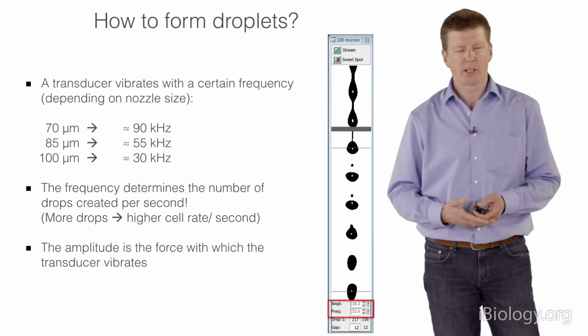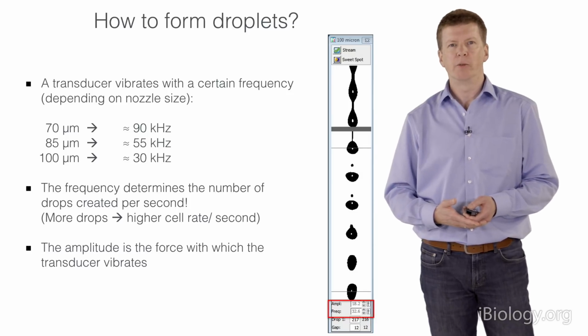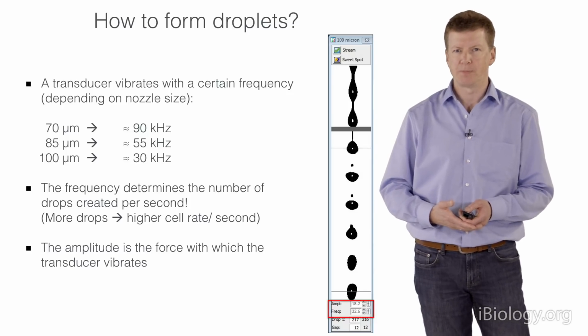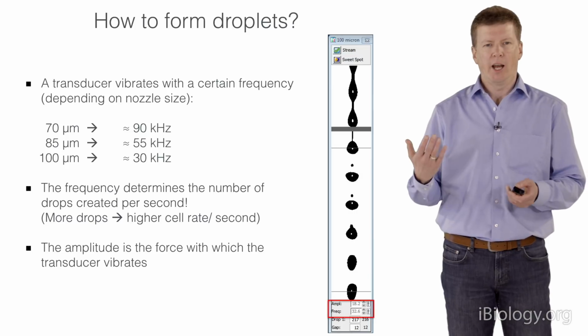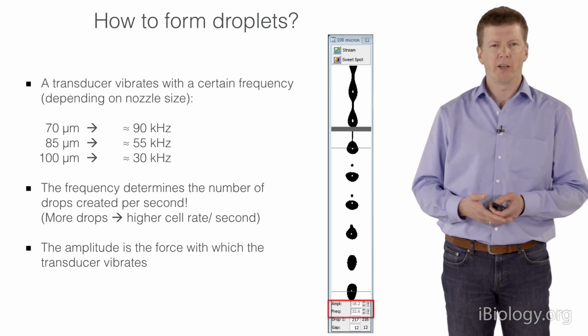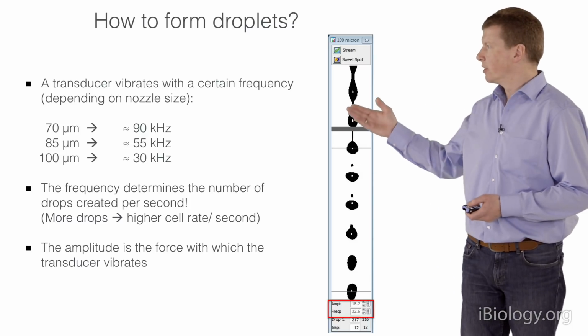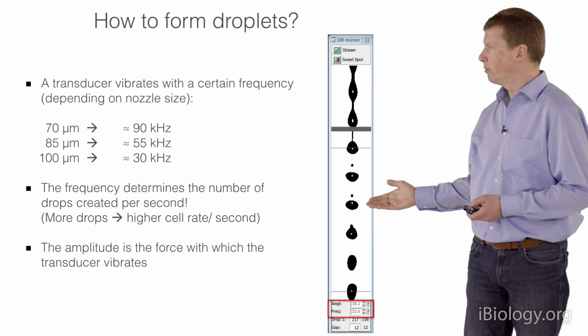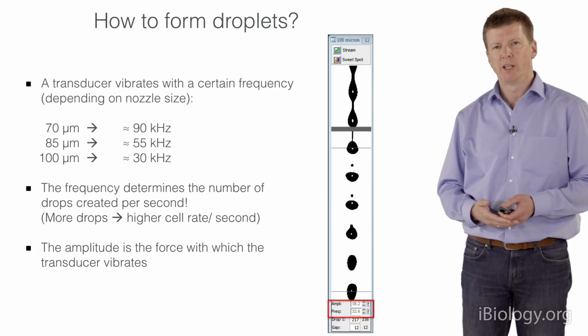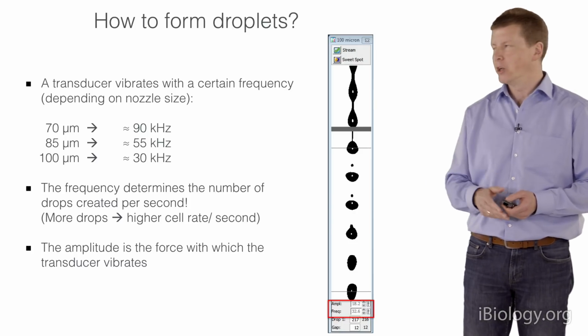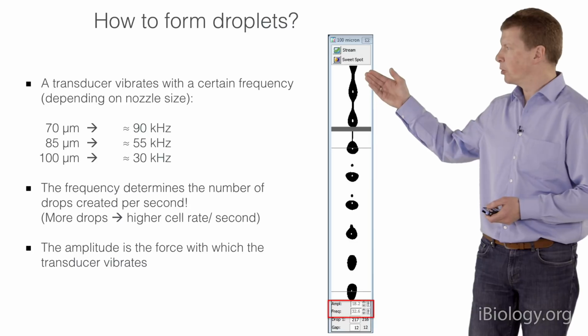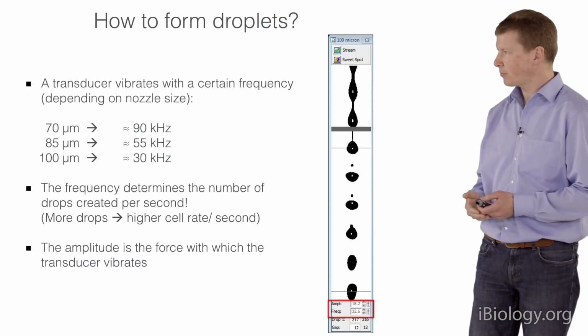So let's have a closer look at how the droplets are really formed in an instrument. Like in a loudspeaker, we have a vibrating membrane, which transfers a stable wave onto our stream. Below the nozzle, we have a camera, so we can observe this droplet formation.